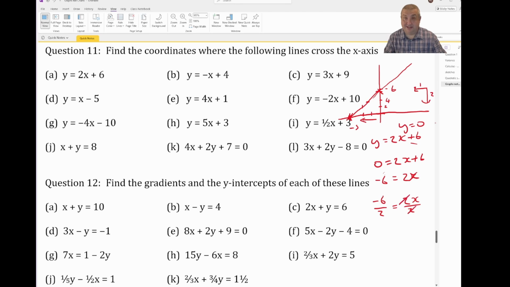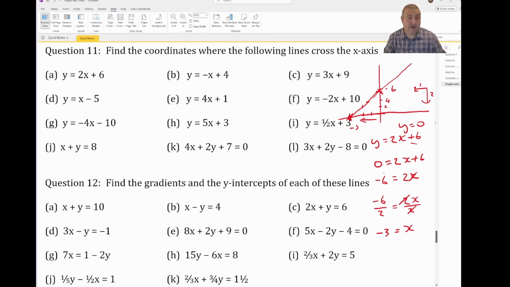Well, they cancel out. So we're left with minus 6 divided by 2 is minus 3 equals x. Back here, when x is minus 3, y is 0. That's where it crosses the line.